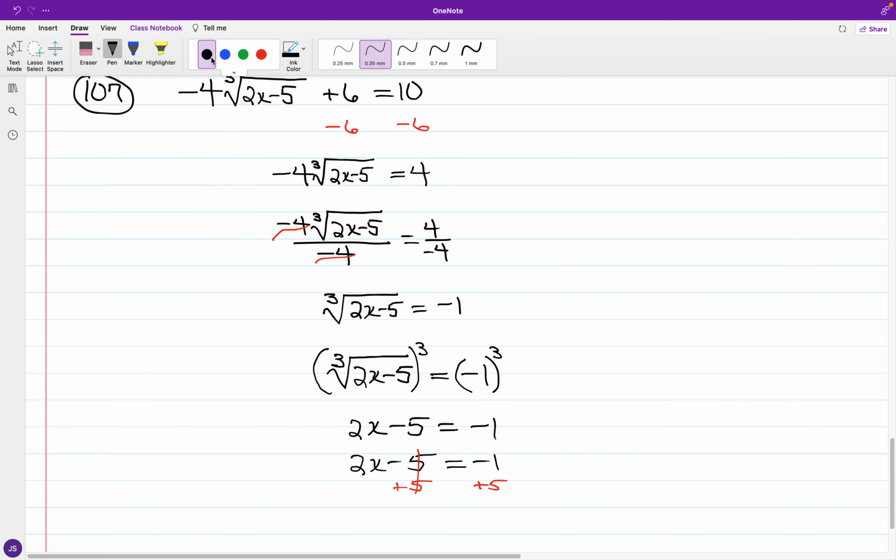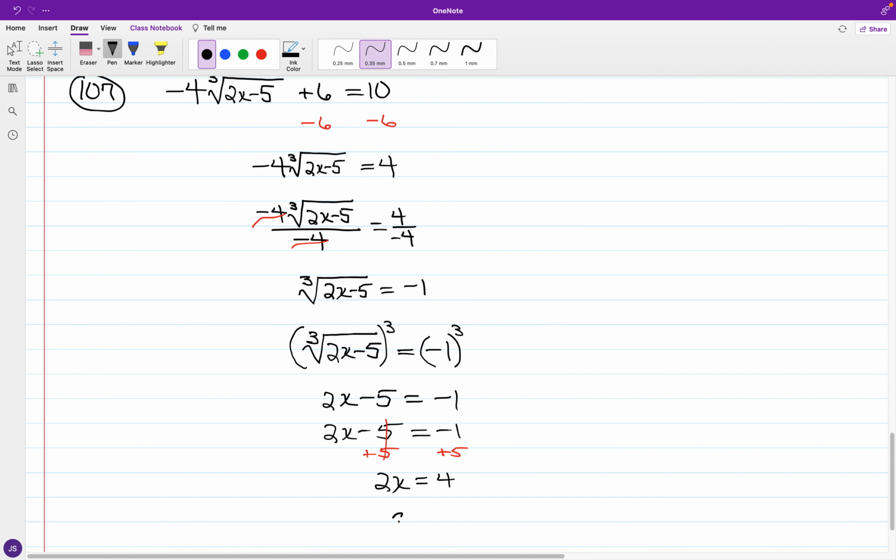Adding 5 to both ends, we have 2x is equal to -1 plus 5, which is 4. And with division by 2, we have x is equal to 2.